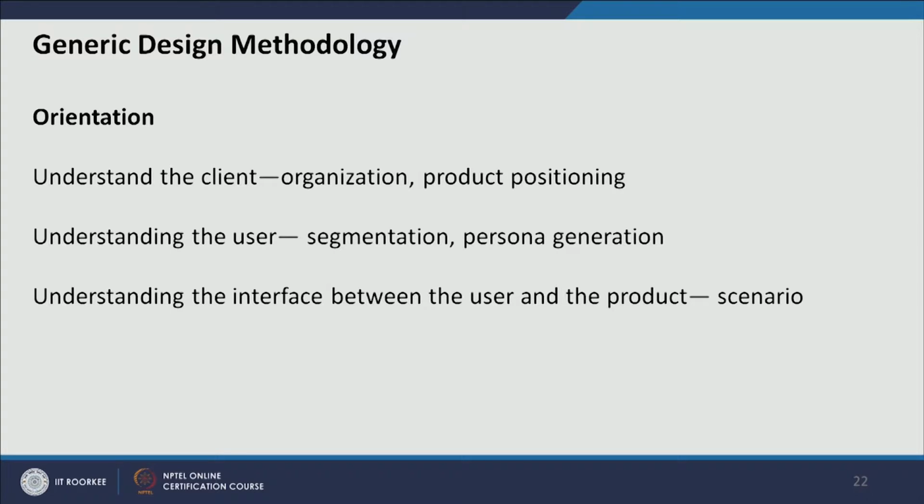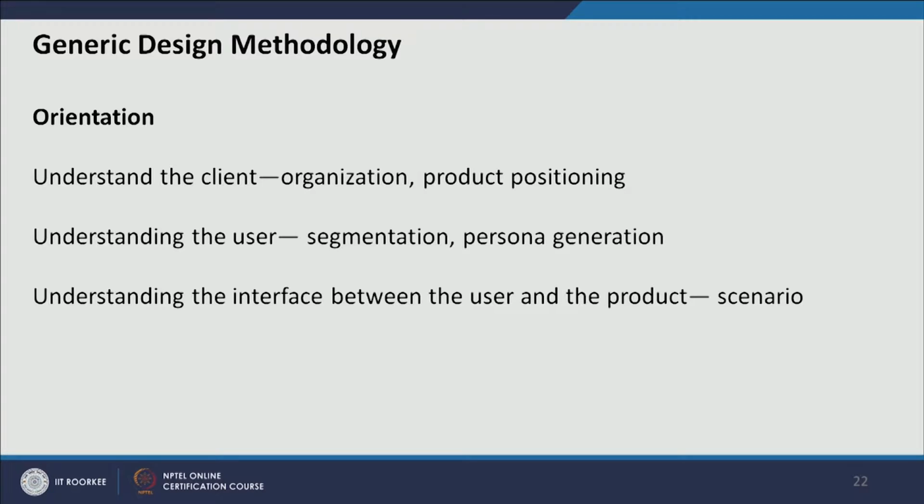And then we also have to understand the user, what user set we are working with. We will discuss how to identify who our real target audience or user is through different processes, tools and techniques like generating personas, creating scenarios, and doing ethnographic surveys, and how to understand the user in a better way.